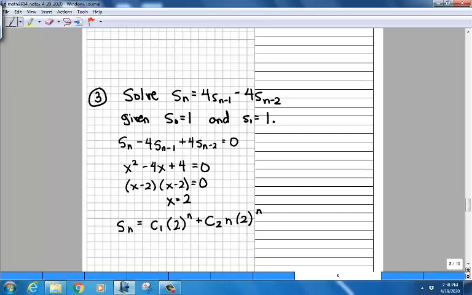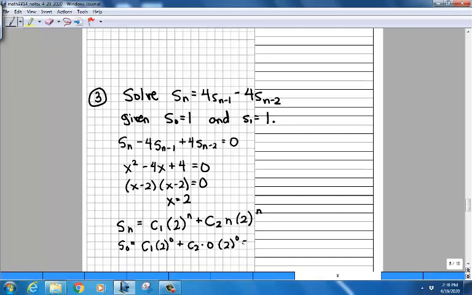And now, to find the specific values for c_1 and c_2, we need, in this instance, these two initial conditions. So we're going to use these initial conditions to find c_1 and c_2. We know that s_0 is supposed to be 1. s_0 would be c_1 times 2^0 plus c_2 times 0 times 2^0.